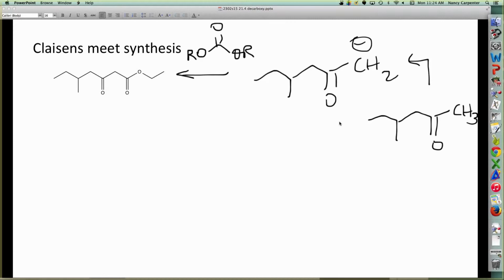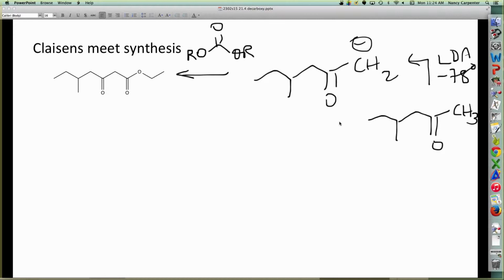We're going to have some selectivity. We're going to have to make the kinetic enolate on the methyl side and leave alone the alpha hydrogens that would be leading to the thermodynamic enolate. So that means using something like LDA and keeping it minus 78 nice and cold. We can probably pull that off.